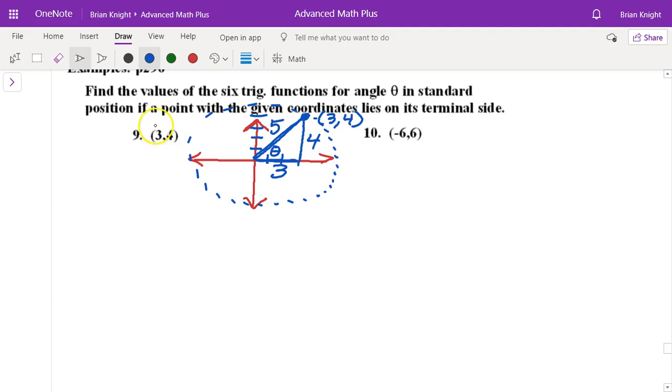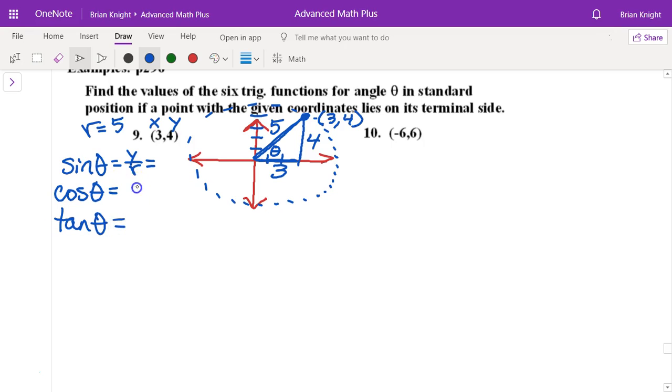It's real quick. Here's x. Here's y. What is r? 5. And so, the sine of theta is y over r. You rock, right? Cosine of theta, excellent rock.